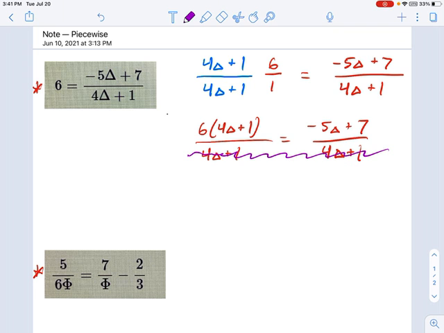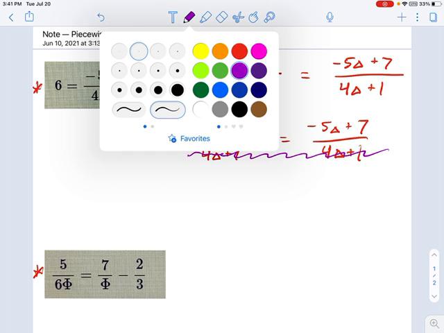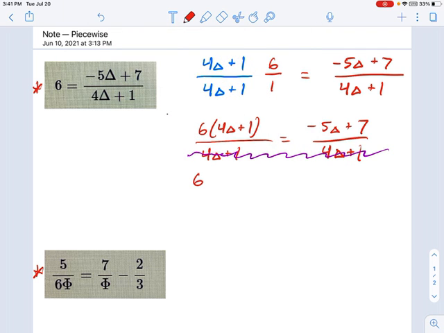And those denominators have to be equal. So now look what we get. A much simpler equation. 6 times 4 delta plus 1 equals negative 5 delta plus 7. And the actual trick that we're using to justify this is multiplication. We're multiplying both sides by the same 4 delta plus 1, but you might as well just remember it, cross out the denominators, however you like it.